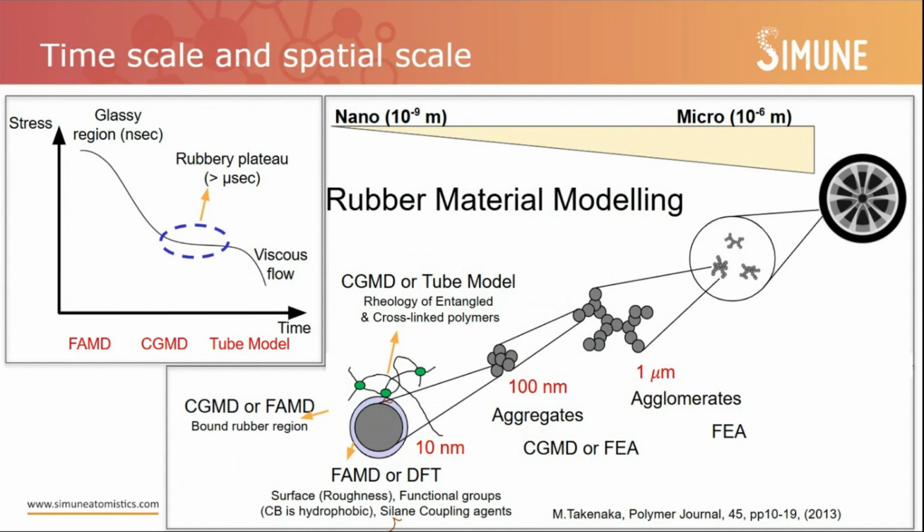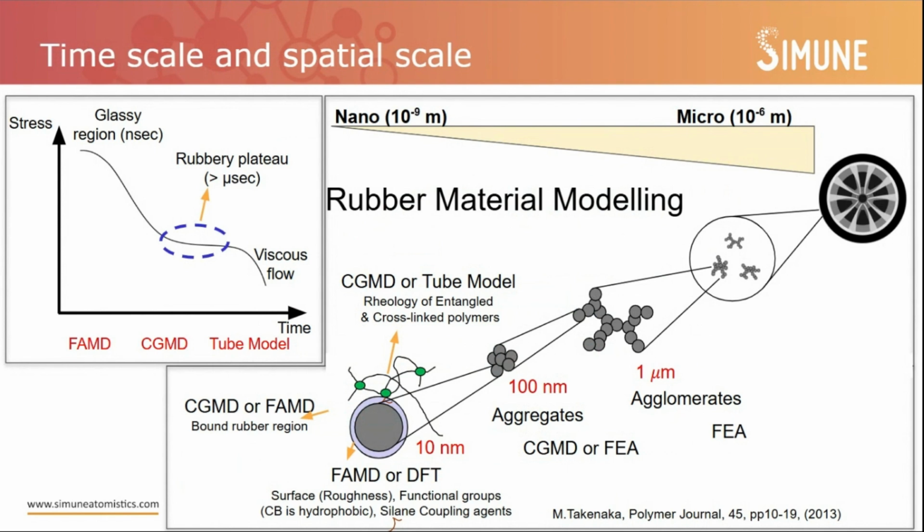For example, if we think about rubber materials. On the right, you see the spatial scale, where you see the tire that can be seen as a polymer made of atoms. And then you can go up in scale and consider aggregates as a basic unit, or agglomerates. But at the same time, the time scale is also very important.